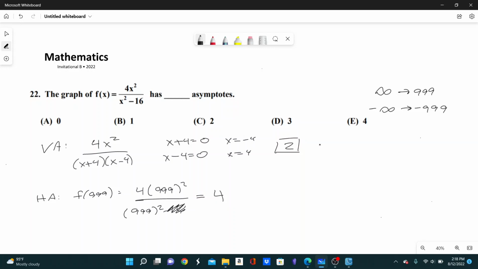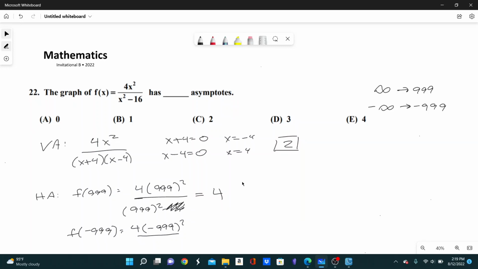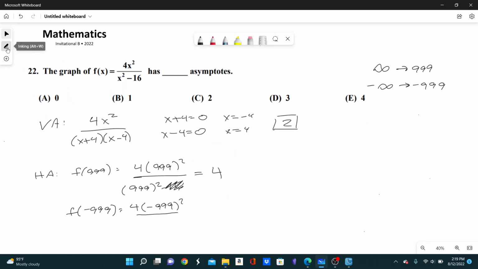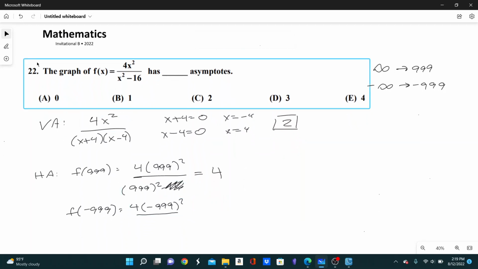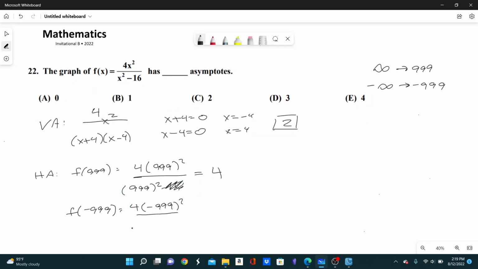Now we have to see what happens whenever x gets really small. So f of negative 999, you might be able to guess this already because we have the squares, but I'm going to work it out anyway. It's going to be 4 times negative 999 squared divided by negative 999 squared minus 16.